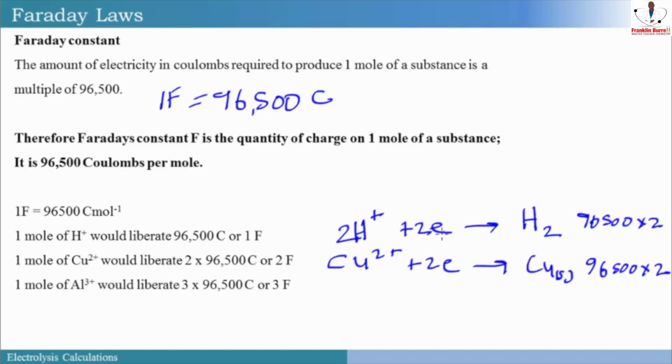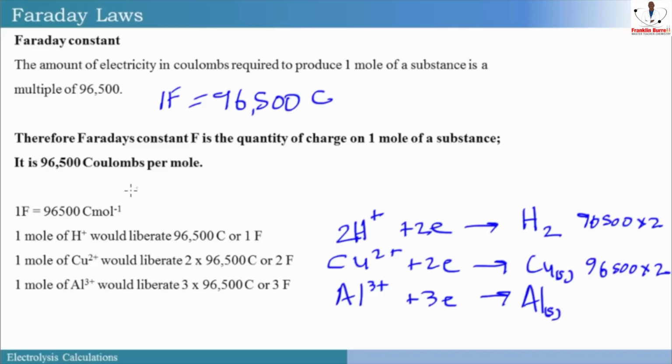Hence, 2 times 96500 coulombs. 1 mole of a substance in case of aluminum ion, that would liberate 3 moles of electrons to form aluminum.